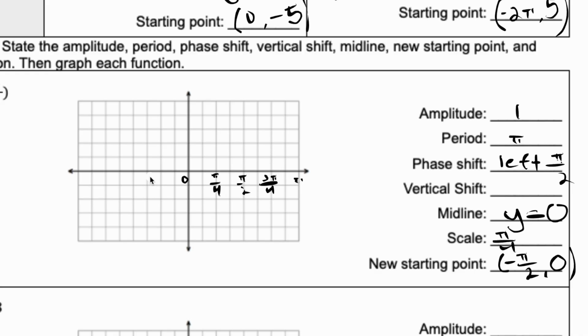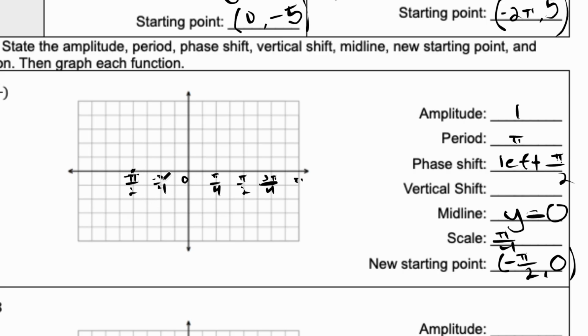And just for good measure, let's do negative pi over 4, and then here would be negative pi over 2. Sorry, my writing is really bad. Okay, so our starting point is negative pi over 2, 0. So we're going to start right here.